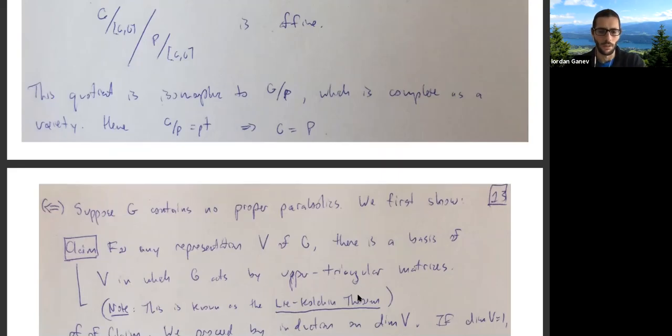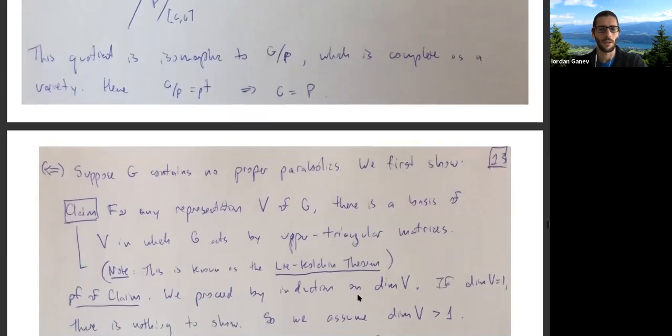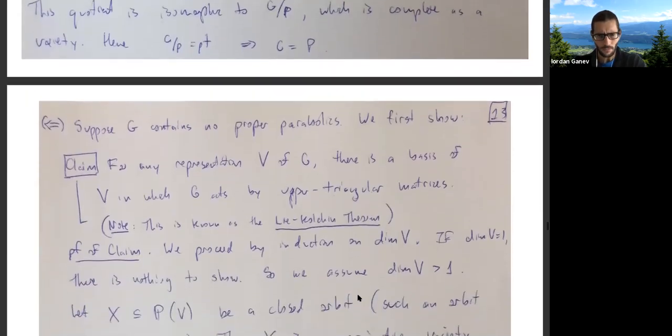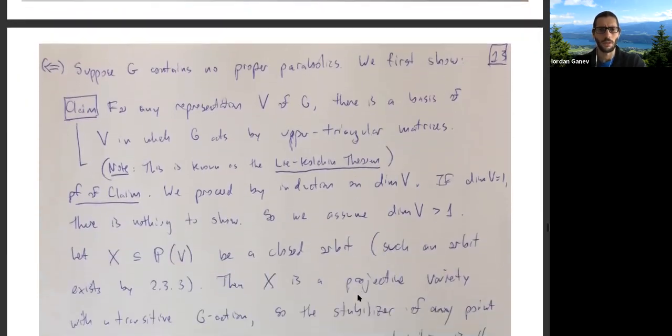Yeah, the Lie-Kolchin Theorem. So why is this claim true? Again, you prove it by induction, on the dimension of V. If V is one-dimensional, there's nothing to show, because then every matrix is upper triangular.